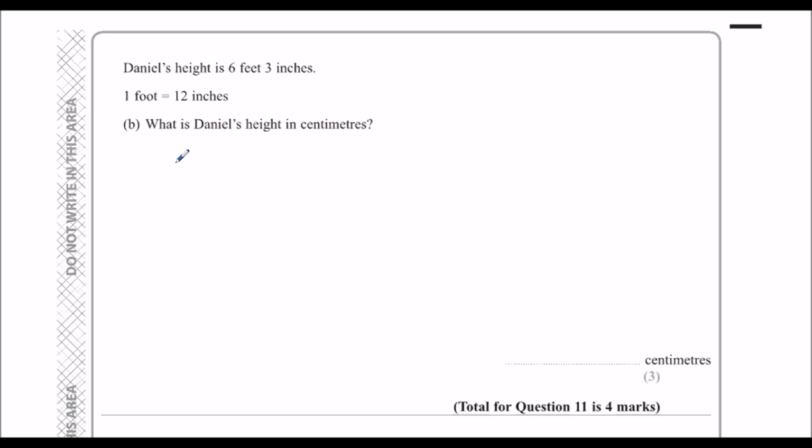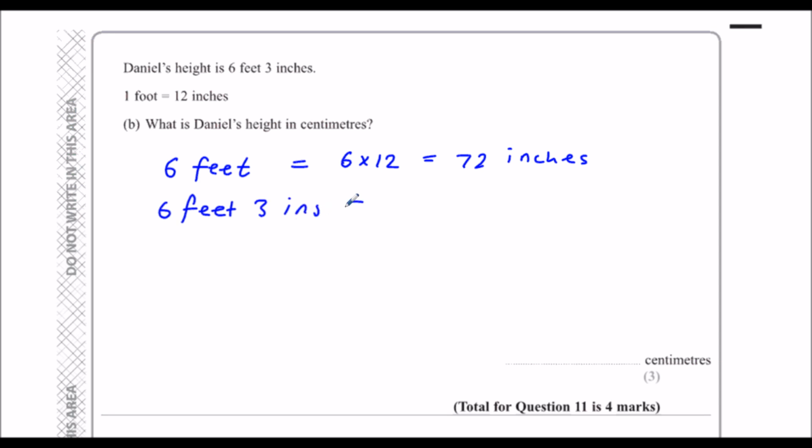So 6 feet, if we've got 6 feet and each foot is 12 inches, 6 times 12, which is 72 inches. And so 6 feet 3 inches is 75 inches.